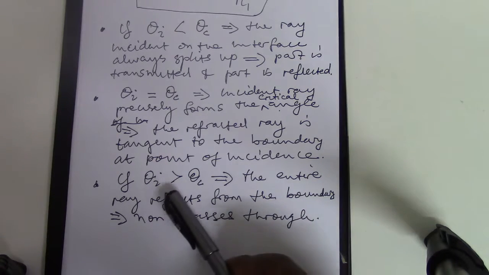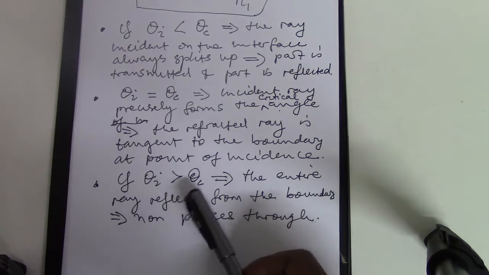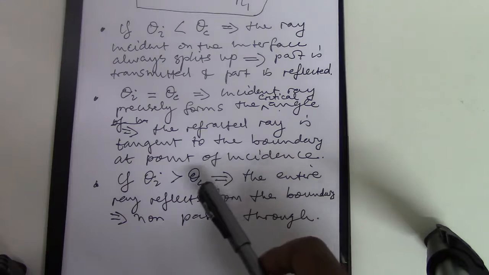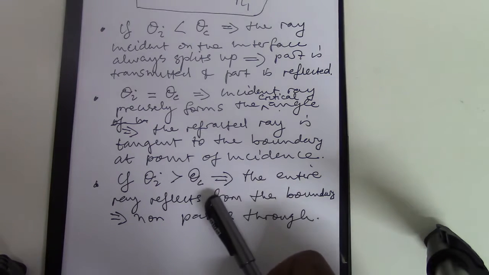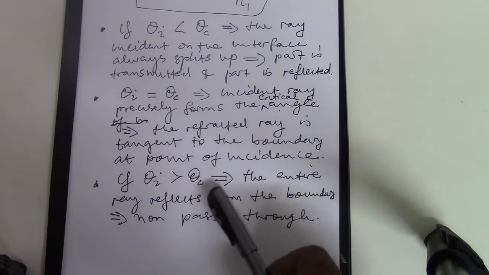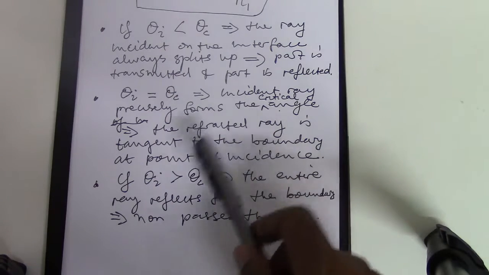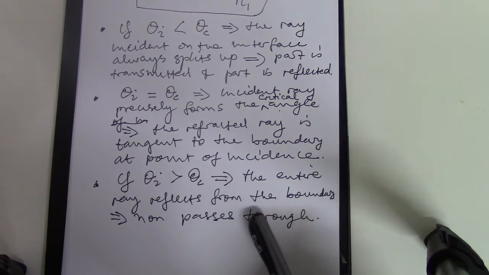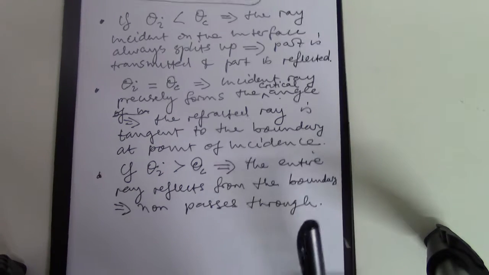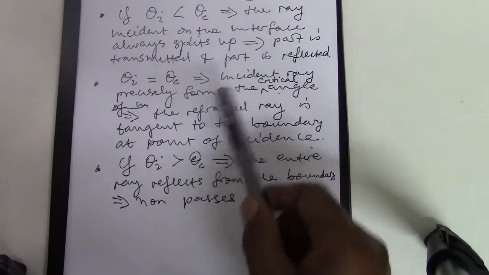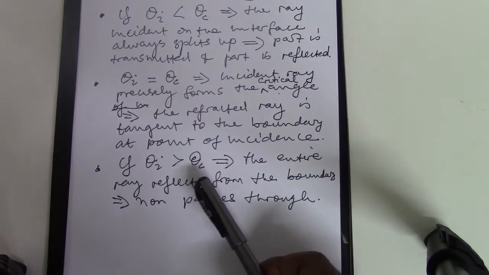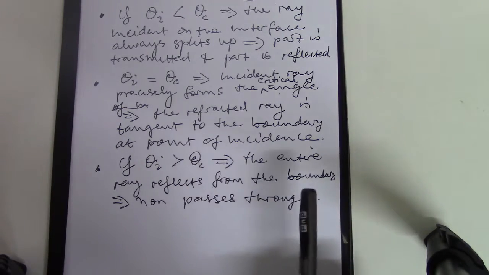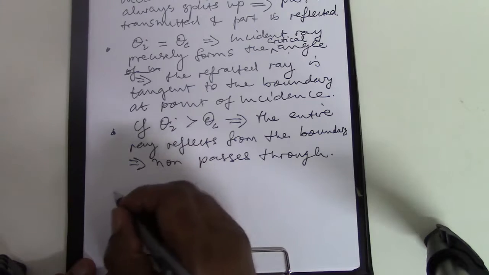But if we keep on increasing the angle of incidence to be greater than the critical angle, then the entire energy is no longer divided, but all of it is reflected within the first medium. So nothing passes to the second medium. And at that stage, we are talking of total internal reflection.